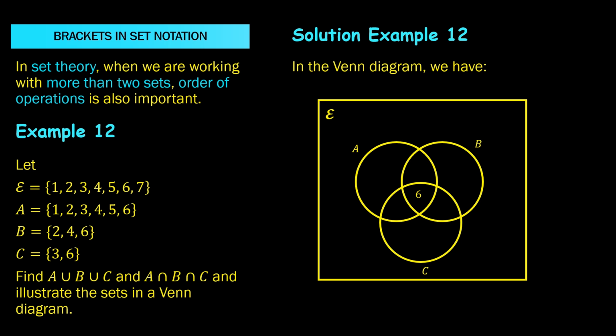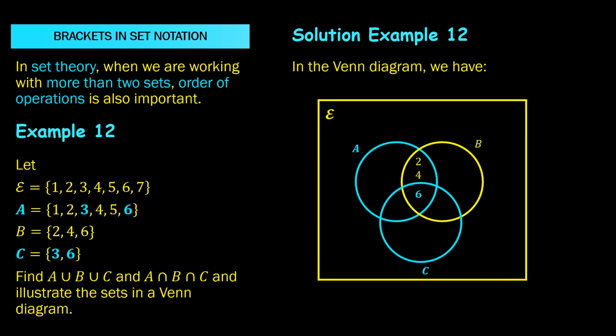Now let's take a look at intersections 2 sets at a time. Let's consider A and B first. The elements which are in A, which are also in B, are 2, 4 and 6. We've already considered 6, so we need to place the 2 and the 4 in the area representing A intersect B, but not in C. Now let's consider A and C. Elements common to both are 3 and 6.